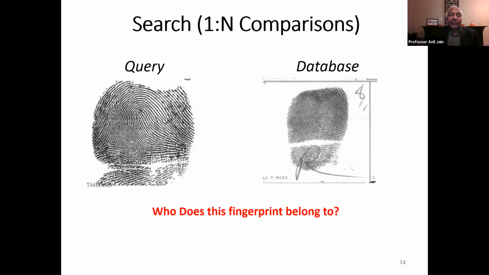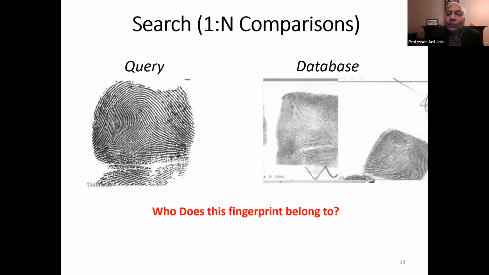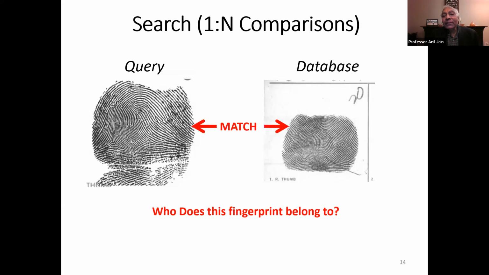So we have a query, and can you click on it? Yeah. You have a query and it is searched against a database to determine whether there is a matching fingerprint or fingerprint with sufficient similarity in the database. So basically here, you don't make a claim who you are, or we don't trust the claim you're making.